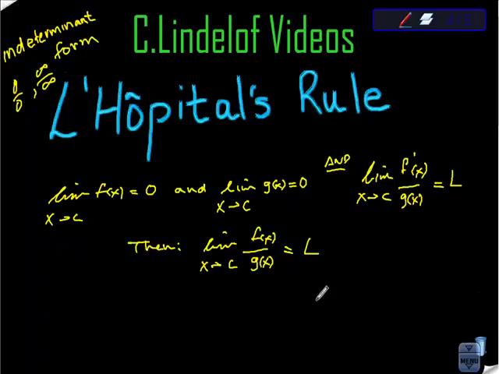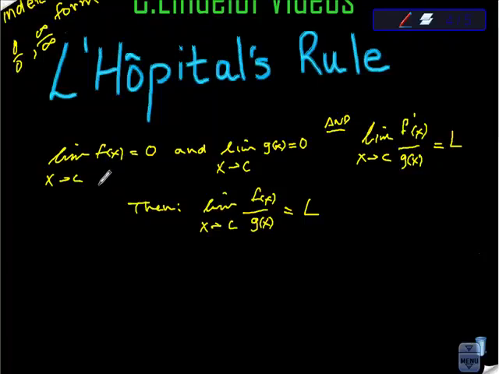So L'Hopital in the late 1600s came up with this rule that really works very, very well. L'Hopital said: the limit of f of x as x goes to c, if and only if the limit as x goes to c of f of x is equal to 0, and the limit of g of x as x goes to the same c value equals 0, and the limit as x goes to c of the derivative of f of x over the derivative of g of x is L, where L is some number.